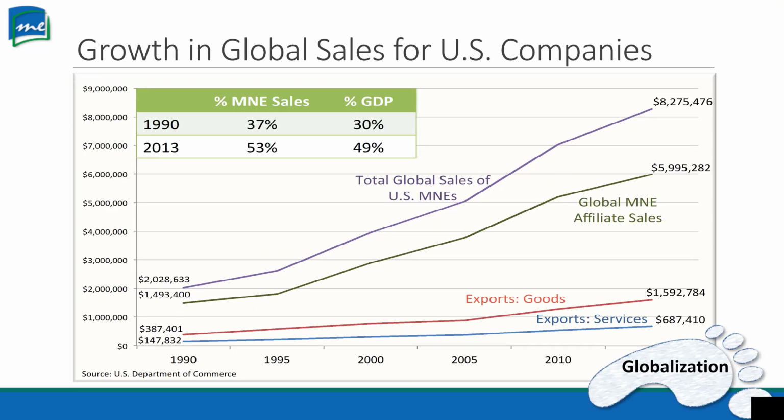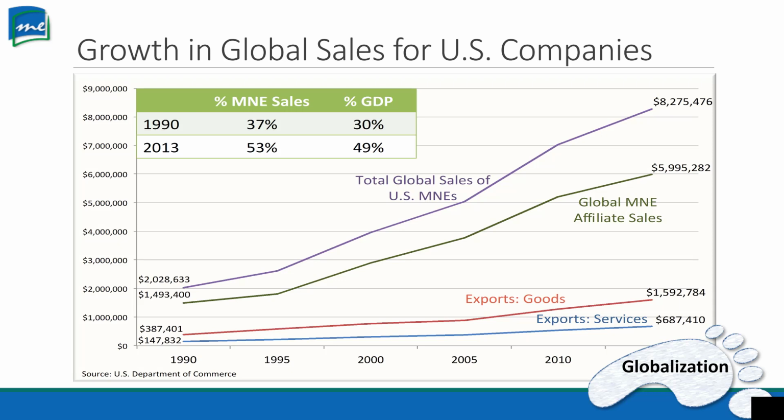So with all this, global sales is increasing. We can see from 1990, if you look at all the lines on this chart here, they're all trending upwards, some more than others. But you see at the bottom here, this is for the United States companies. We're exporting goods and services more and more each year.